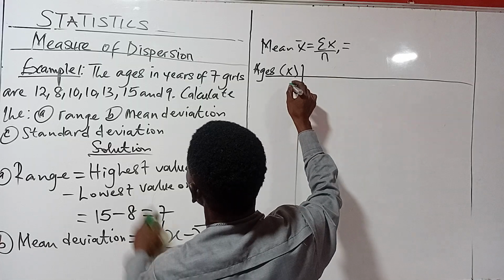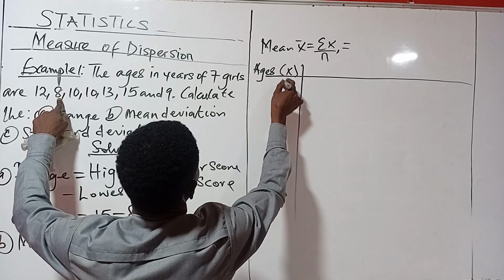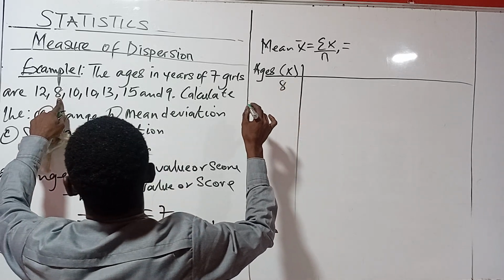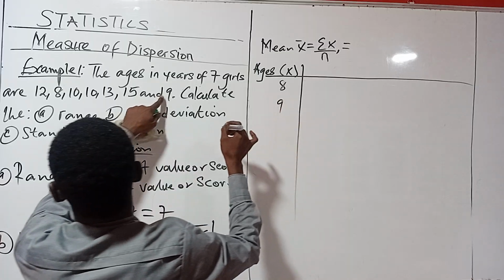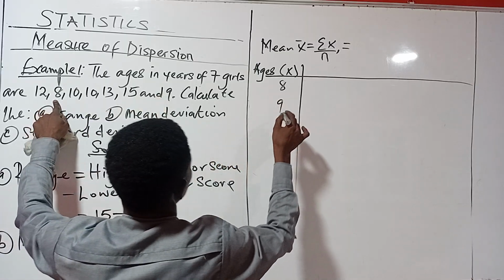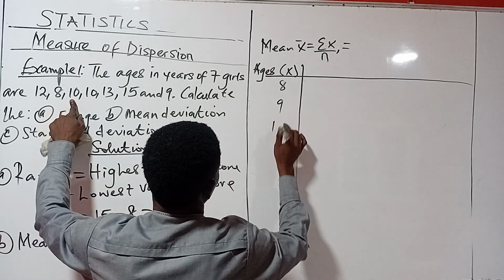Then we have the lowest value, which is 8. Then we have 9. We have 10.